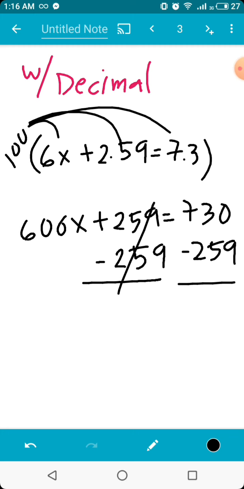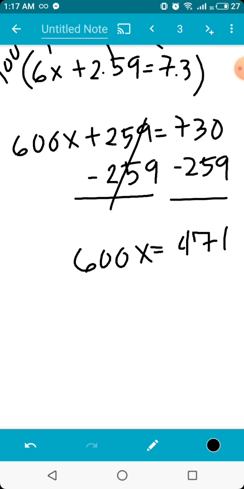Okay? So, cancelled na siya dito. So, yung natira na lang ay 600x. And then, 730 minus 259, that is 471. Okay? And to get or to cancel 600 para makuha natin si x lang, divided by 600. So, ganun din sa kabila.